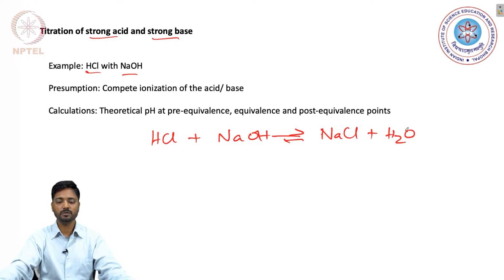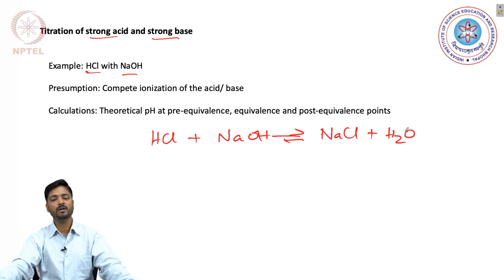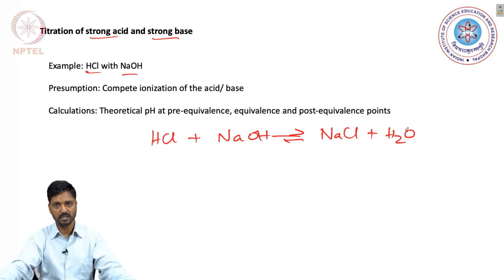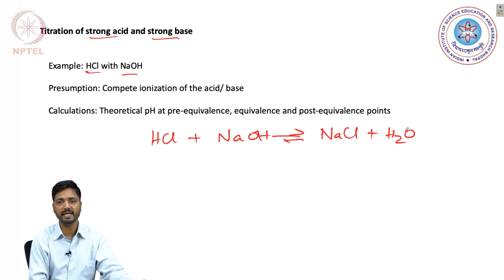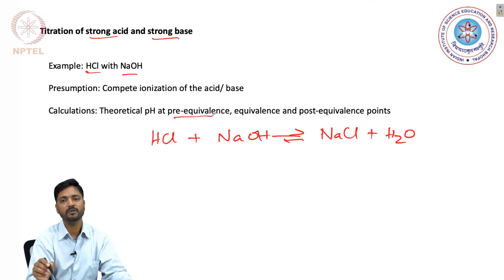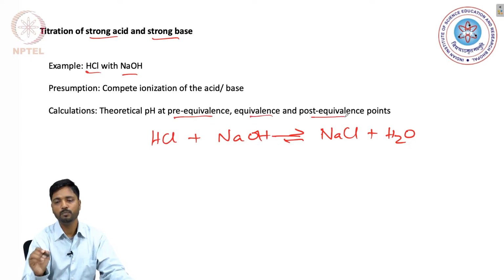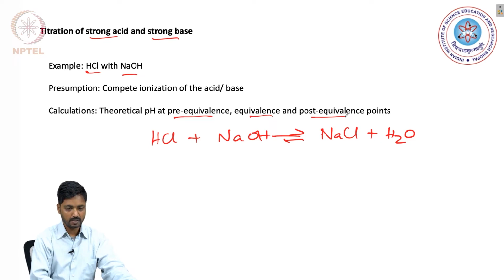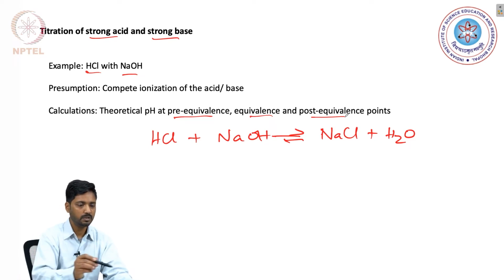So, let us go to the board and try to calculate theoretically what would be the pH when we titrate HCl with NaOH, and we will take known concentrations of the acid and base and see the theoretical pH at the pre-equivalence, equivalence and post-equivalence points. So, let us go to the board.